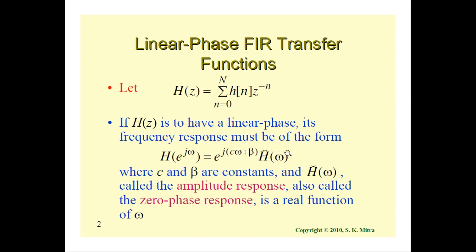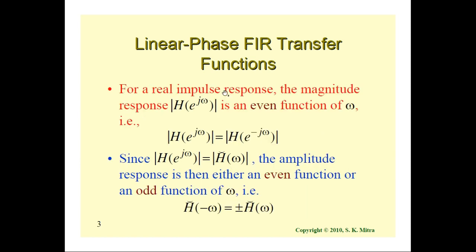The amplitude response, as we have previously discussed in one of our earlier lectures, is also known as a zero phase response because there is no specific phase component present in this case. However, in the case of linear phase response, the zero phase response or amplitude response is multiplied by a phase function shown by this exponential, where c and beta are some constants, and soon we will see what is their significance.